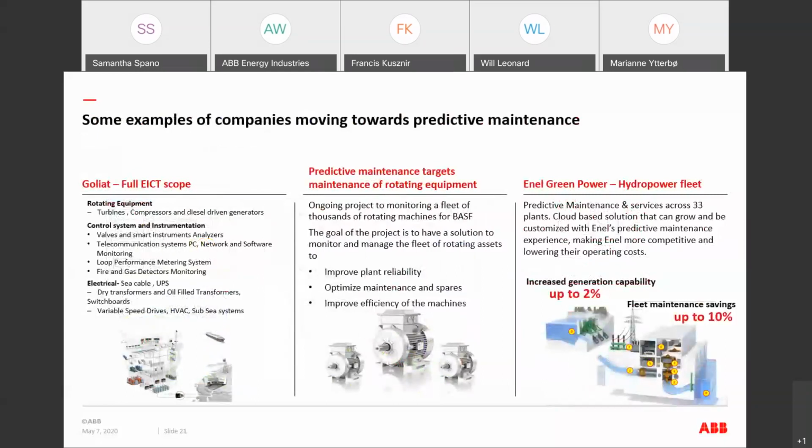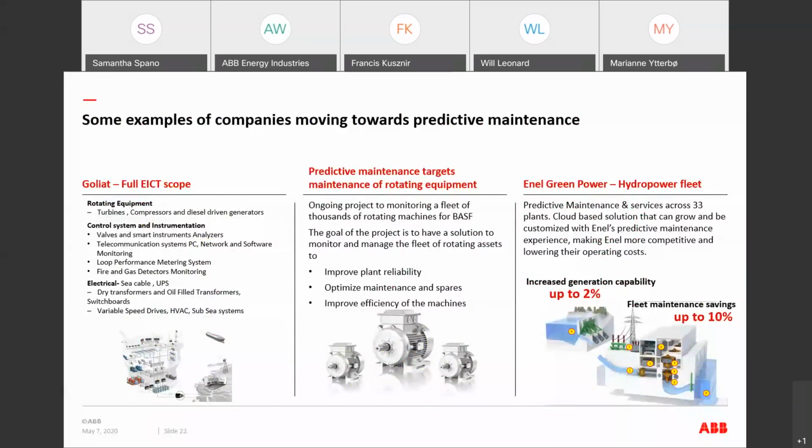Thanks, Mariana. So this first one actually builds on the one that was just presented, the Goliath example. This is a fairly new asset, so they had the advantage of really thinking about the whole operating concept from the outset and building condition monitoring and understanding of asset health condition into the design.